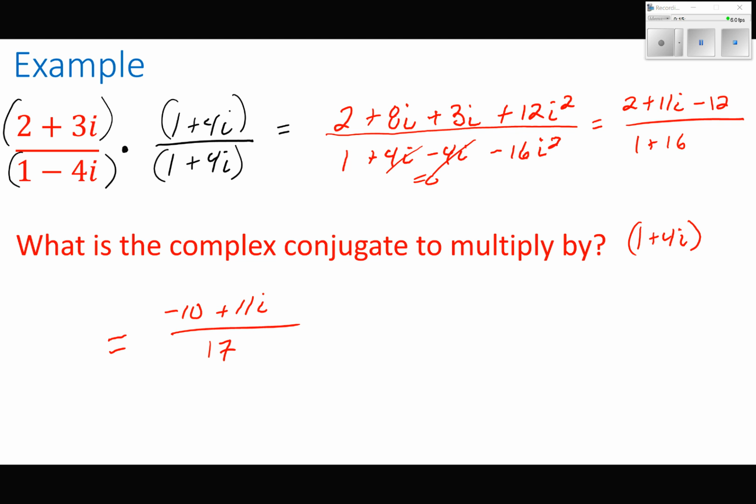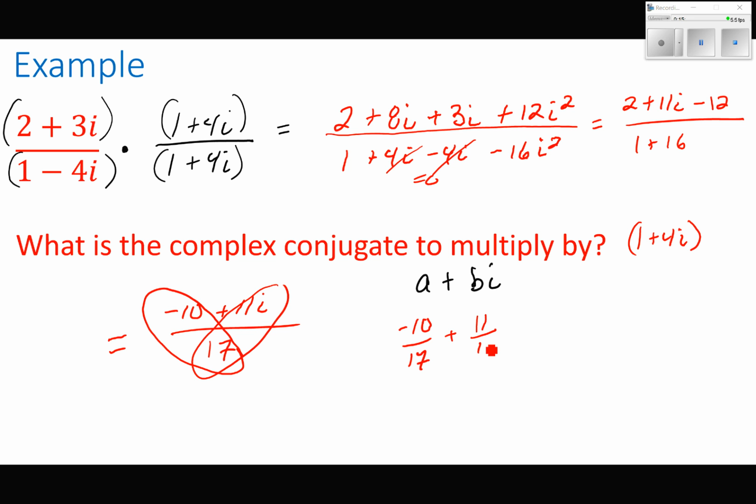But again, I do not want you to stop here. I want it in the form a plus bi. So I only want a coefficient on the imaginary part and a real part. So again, I can break these up. They each have a common denominator of 17. So it becomes negative 10 divided by 17 plus 11 divided by 17i.